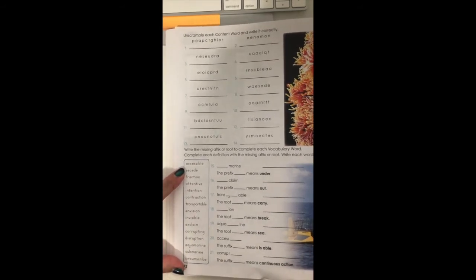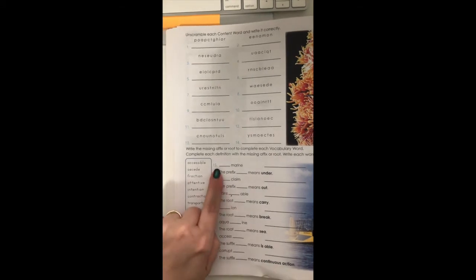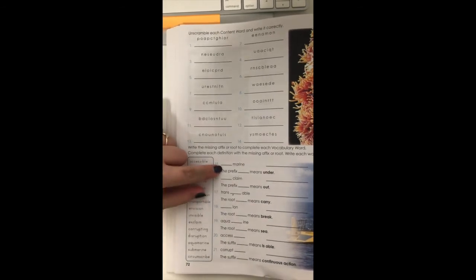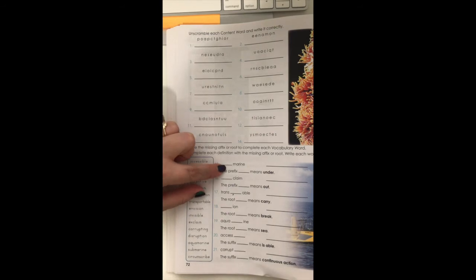So for example, for number 15, it has blank marine. Let's find the word that ends in marine. And here we have two: aquamarine and submarine. We're first going to decide which of the prefixes means under. Does aqua mean under or does sub mean under?